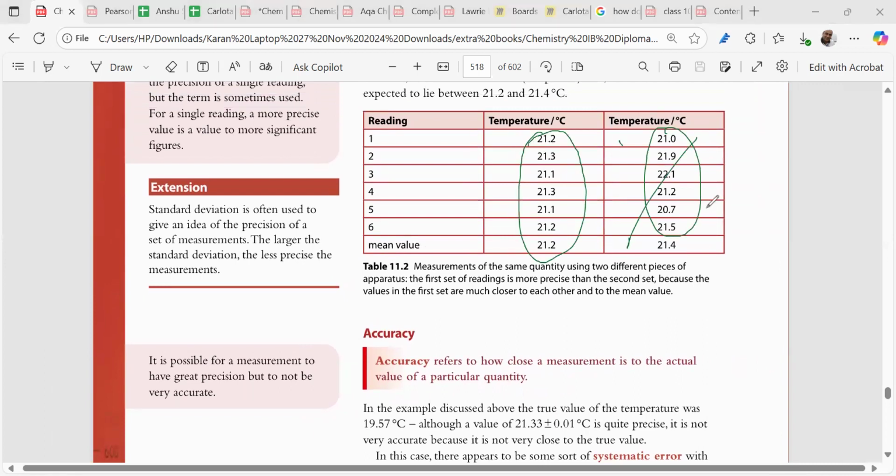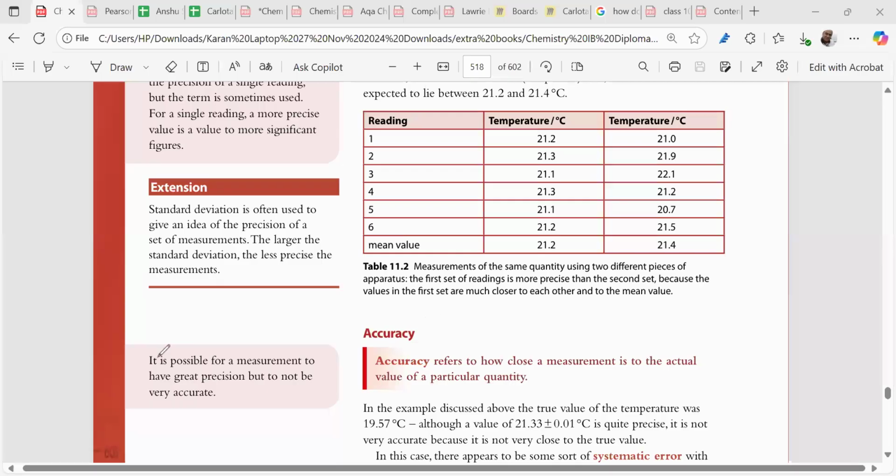But suppose the literature value is 19.5. So are these values accurate? No, these values are not accurate. Accuracy refers to how close a measurement is to the actual value of a particular quantity. So these values are precise, agreed, but these values are not accurate.